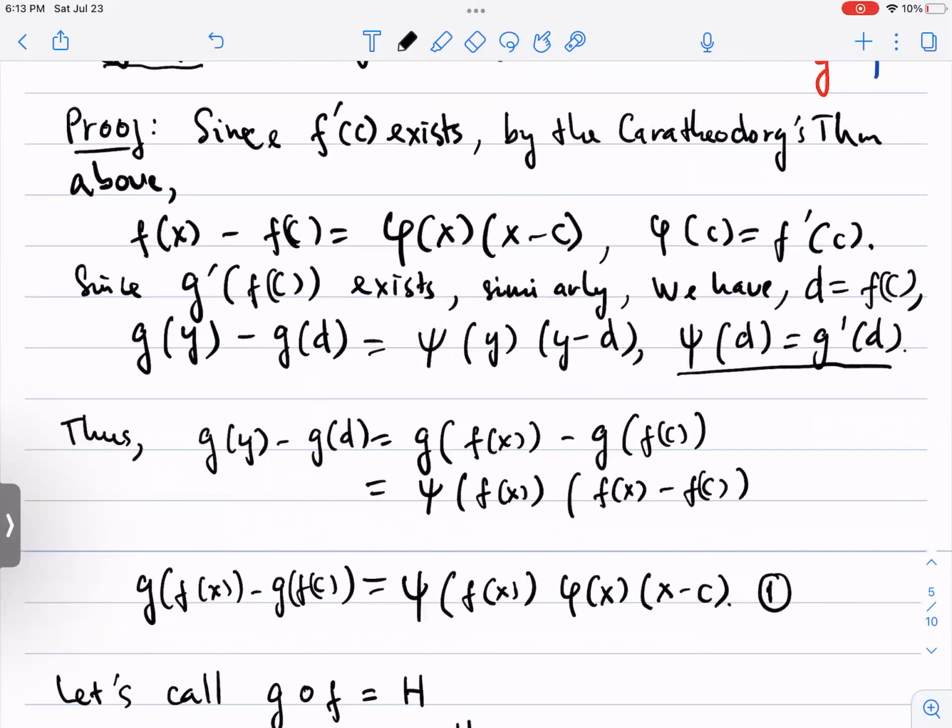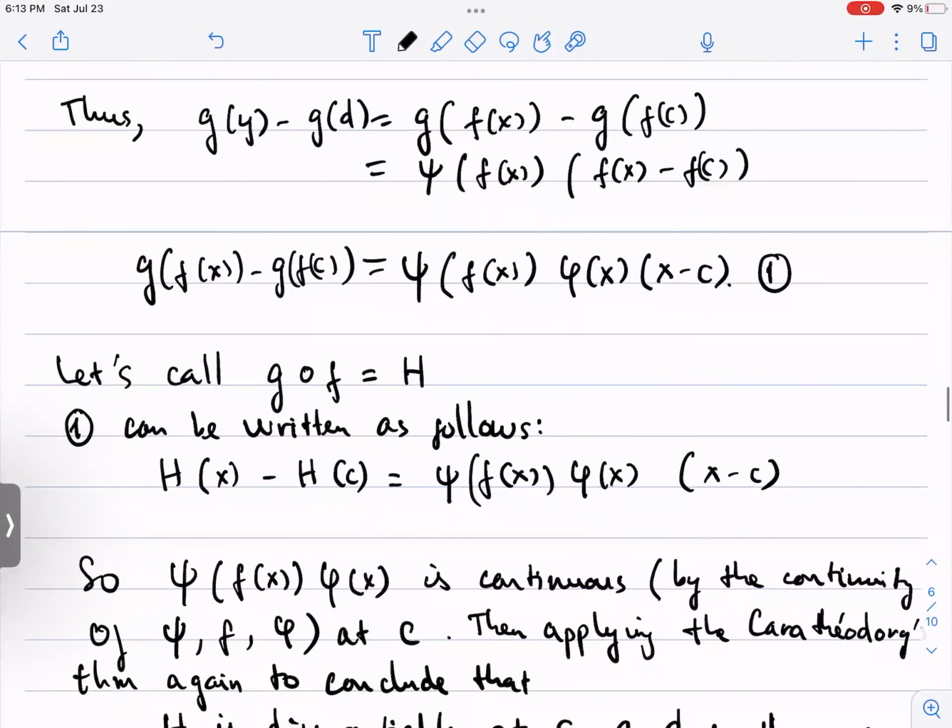The proof follows from the characterization theorem above. Basically, the idea is that we can express the differences f of x minus f of c and g of y minus g of d by some functions phi of x and psi of y using the characterization theorem. As a consequence, we can write the difference for the composition function as the product of the functions phi and psi.